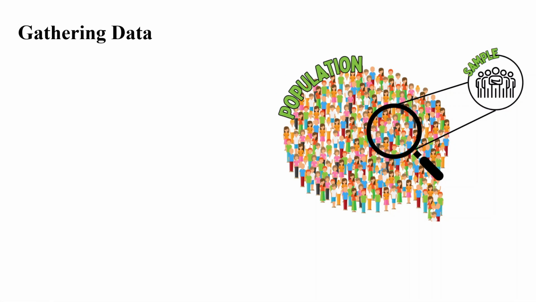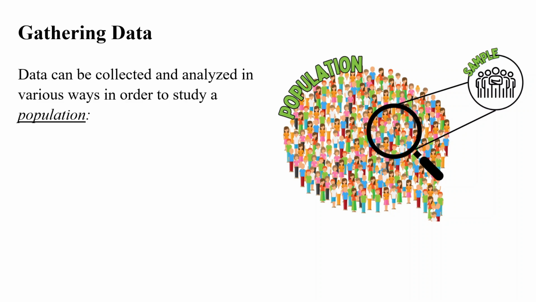As we start talking about the different types of studies, let's look first at how we gather data just in a broad sense, right? When we want to gather data in a way that we can analyze it, we usually want the data that we gather to study some type of population. Now, the population is what we want information about, a group we want information about.